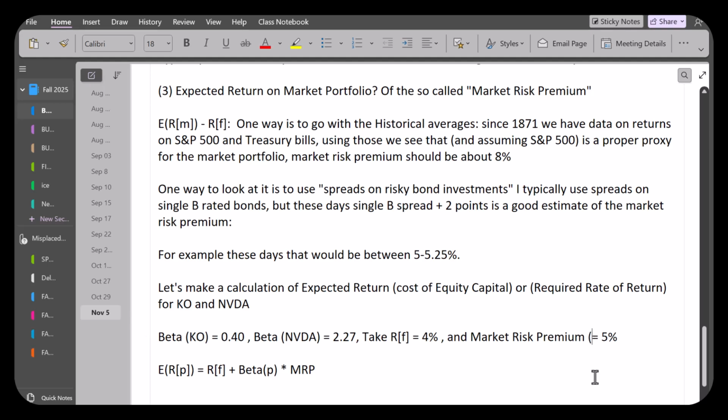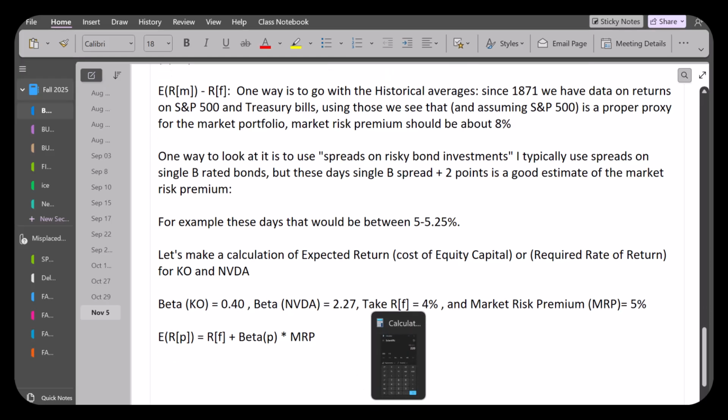So expected return for Coke is going to be 4% plus 0.40 times 5. So that's 6.